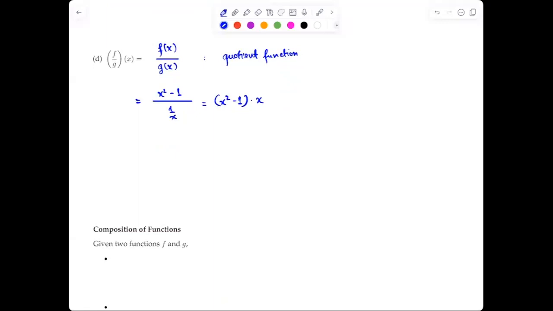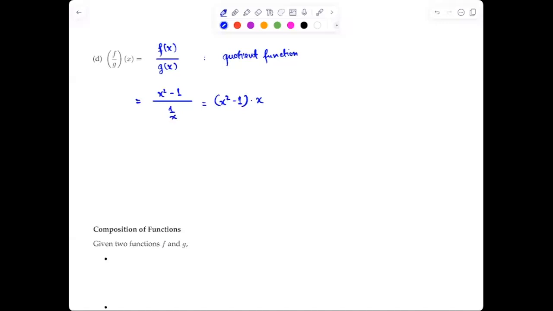Okay, so as you can see, in finding the domain of quotient functions, the domain is the intersection between capital A and capital B. And also you need to impose another condition: that the denominator cannot be zero. So in this case, you need 1 over x to be different from 0. You with me on this?